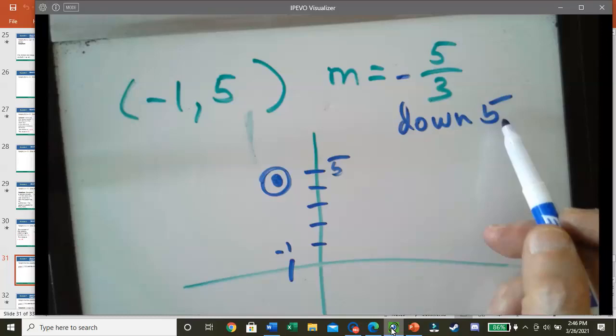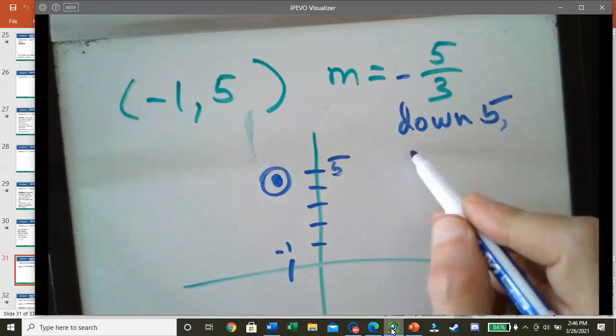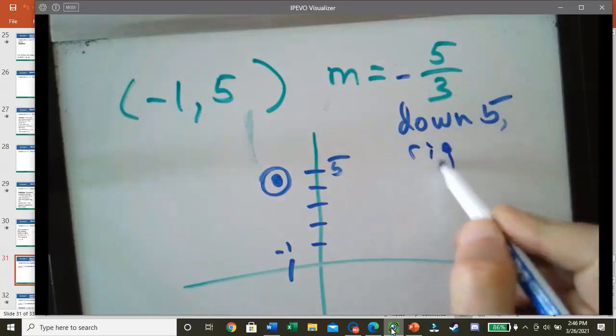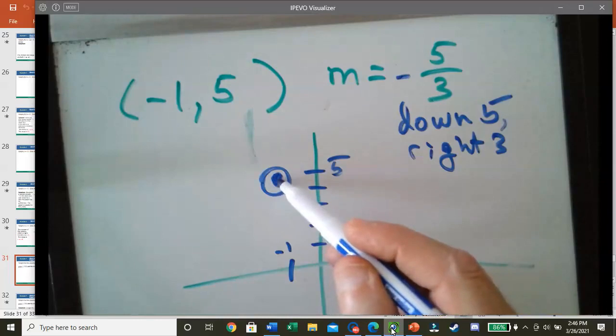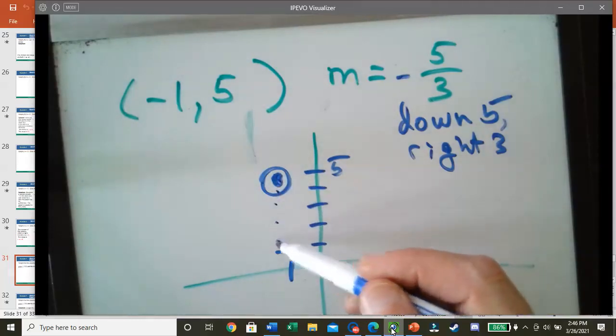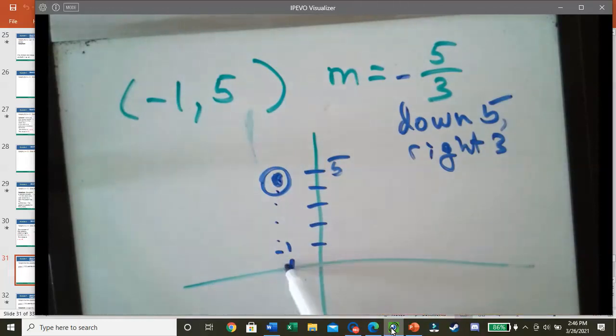So it's going to go down 5, and then right 3. That is correct. So we started with this point, and we go down 1, 2, 3, 4, 5, and to the right 3. Actually that's 2, because you started 1 to the left.